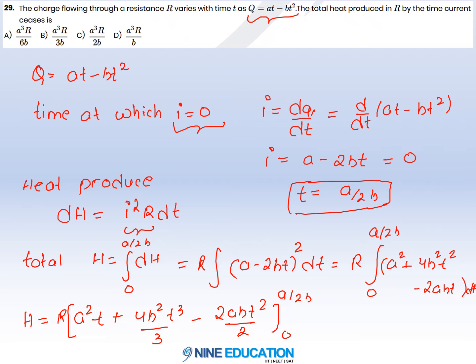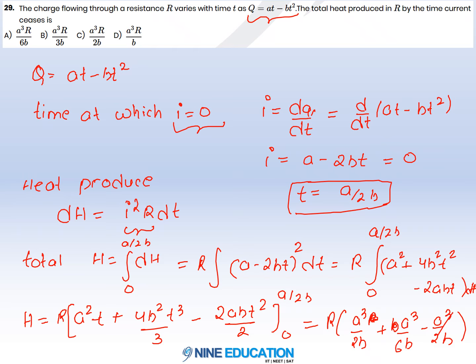So on putting the value, just put the limits, R is common here, you will get a cube by 2b plus a cube upon 6b minus a cube upon 2b.